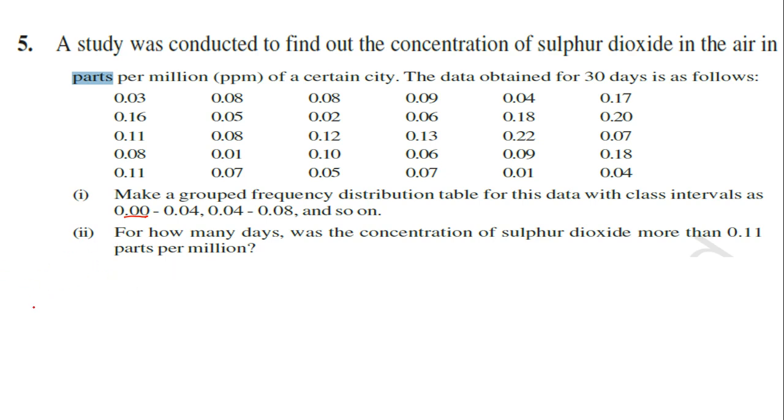So I will write here 0 to 0.04. 0 you can write, otherwise 0.00 also you can write, because all are the same. 0.04 to 0.08, and now up to which value do we have to write?